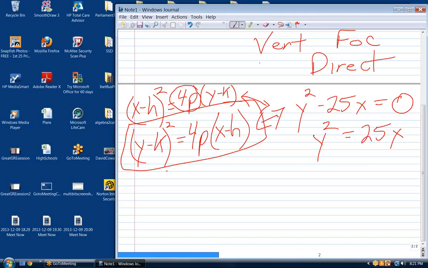First of all, I guess let's answer where's the vertex. Vertex is H and K. What are H and K in this case?